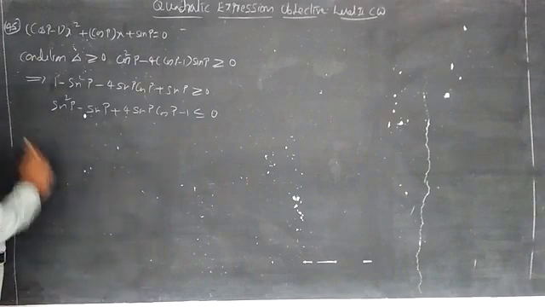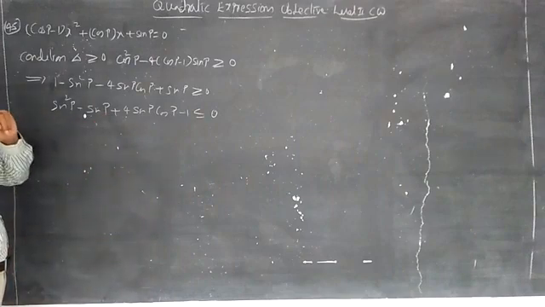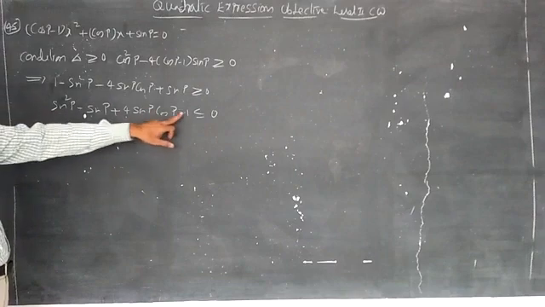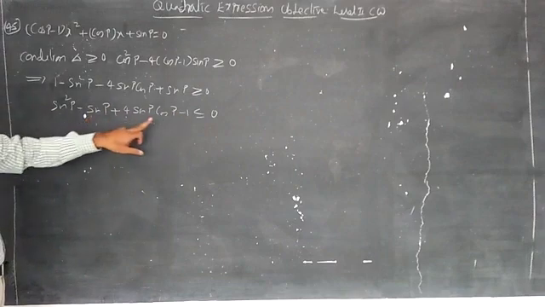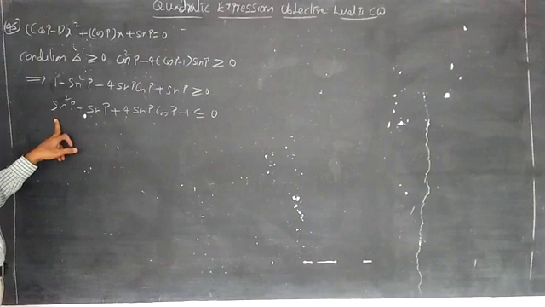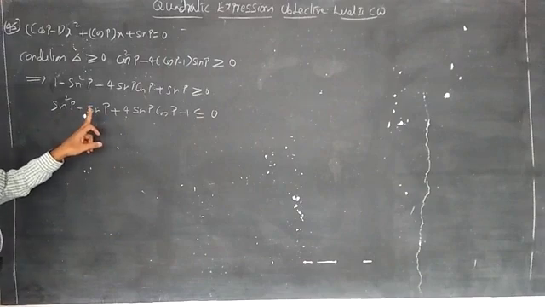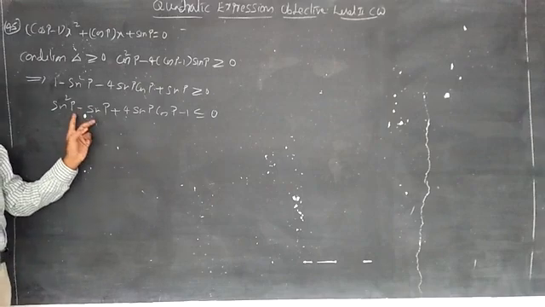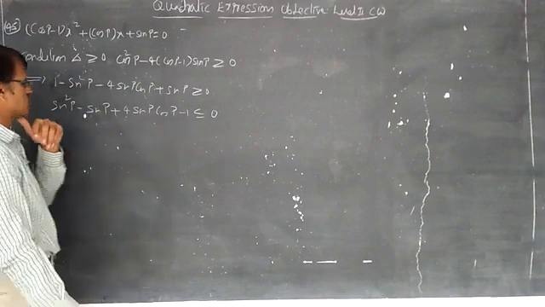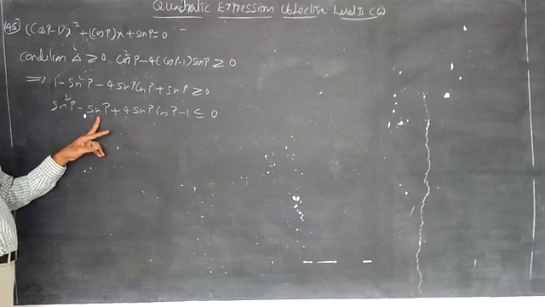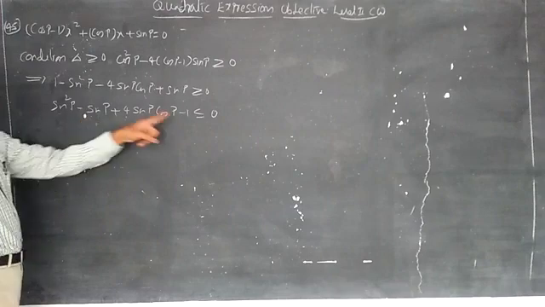Students, this one less than or equal to 0 means this is minus 1, this is minus 1, this should be positive. Whenever sin p is positive, then only the expression becomes positive. Whenever it is positive, it becomes negative.